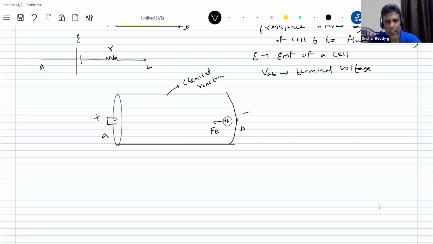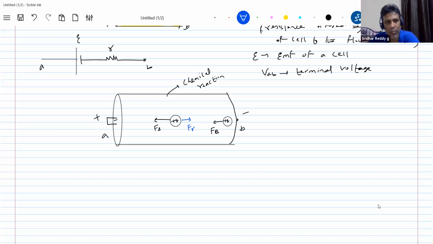What about the resistance offered by the material of the cell? This you can call FR. The material present here offers resistance to the flow of charge. As long as the chemical reaction is taking place, positive charge will continuously be shifted from the negative terminal to the positive terminal of the cell.